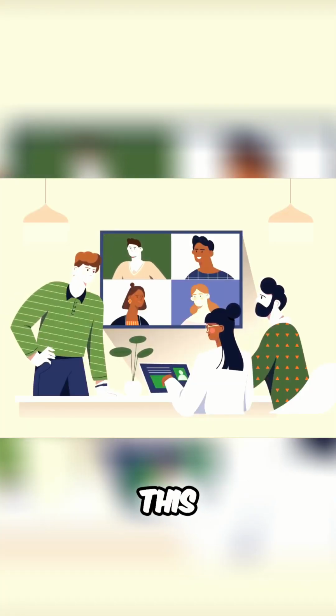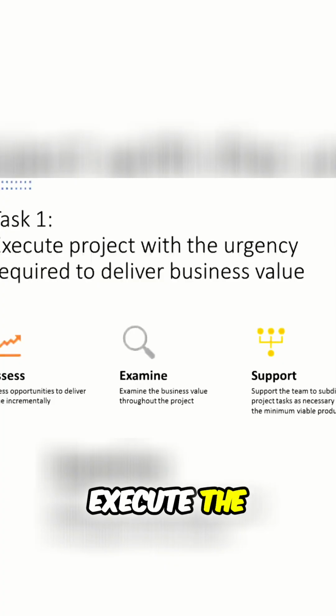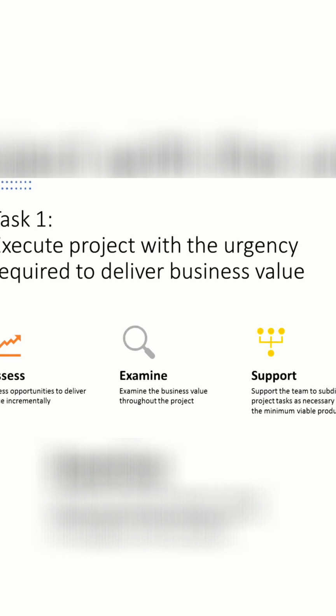Now, while I don't like the positioning of this task because it kind of negates planning, however, it should come first by virtue of what the enablers are. You see, it says execute the project with the urgency required to deliver business value.